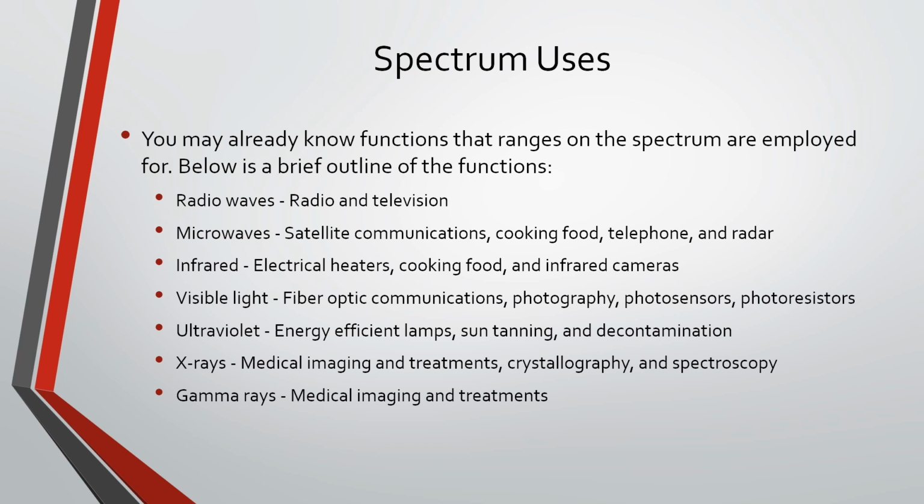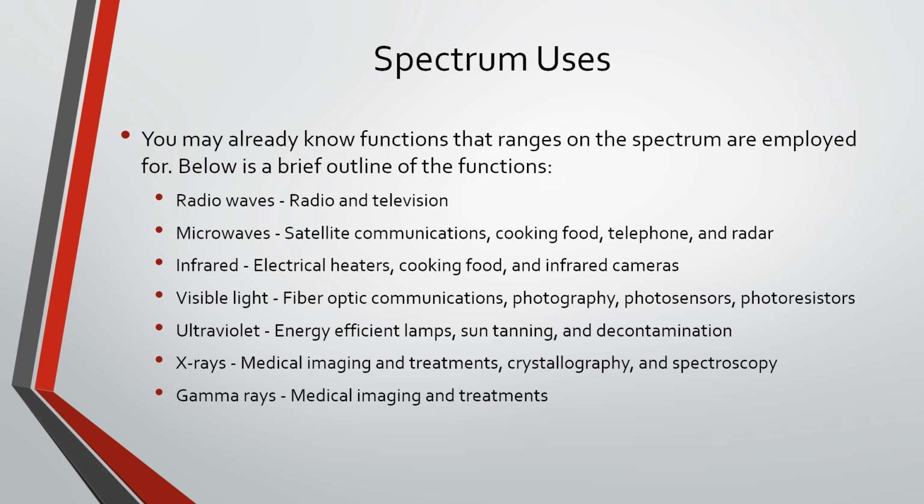Visible light, fiber optic communications uses visible light. Photography, photosensors, photoresistors for electronics. Ultraviolet could be used for energy efficient lamps, sun tanning, and decontamination. X-rays can be used for medical imaging and treatments.